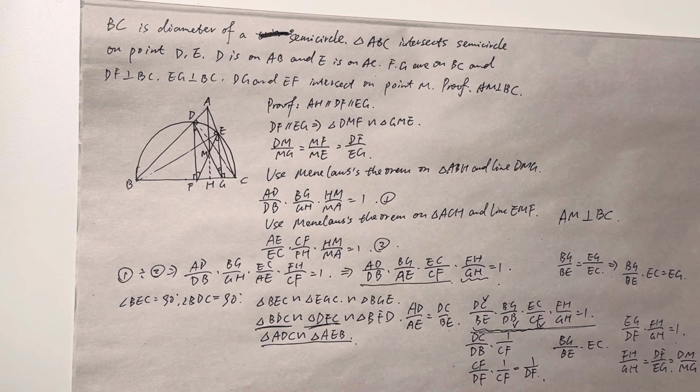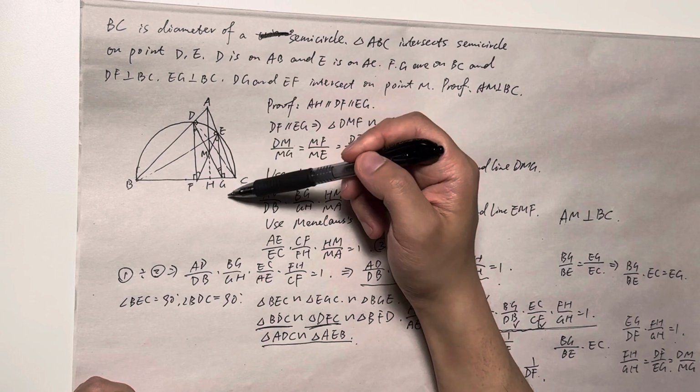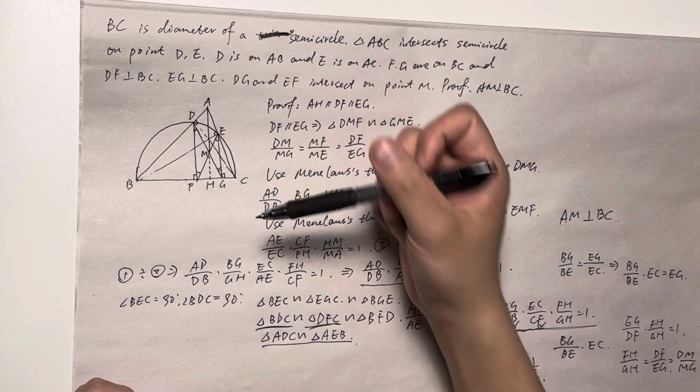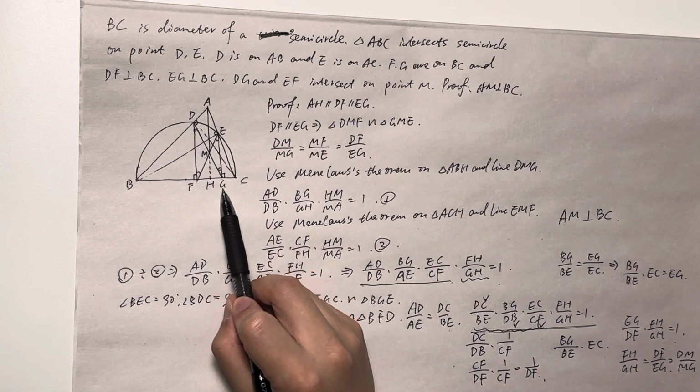This problem is not that easy. At the very first, we need to think about how to prove that AM is perpendicular with BC. Because we already have two lines perpendicular with BC, we just need to prove that AM is parallel with these two lines. And because of the parallel lines DF and EG, we can have some ratios as known conditions, which means we want to find the ratio of FH to HG.